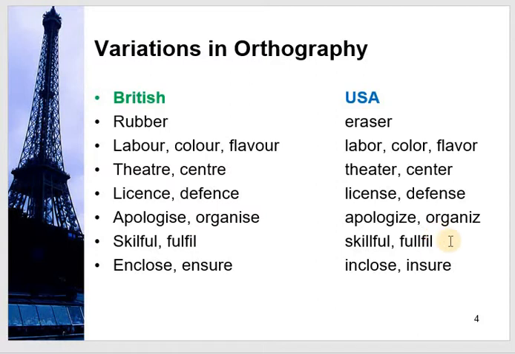In American English, we find skill, SKILL and FUL, full. In the same way, fulfill, FULL and FIL. Enclose and ensure: British English follows the letter E and Americans have changed it to I. They write the spellings of enclose as INCLOSE and ensure as INSURE.